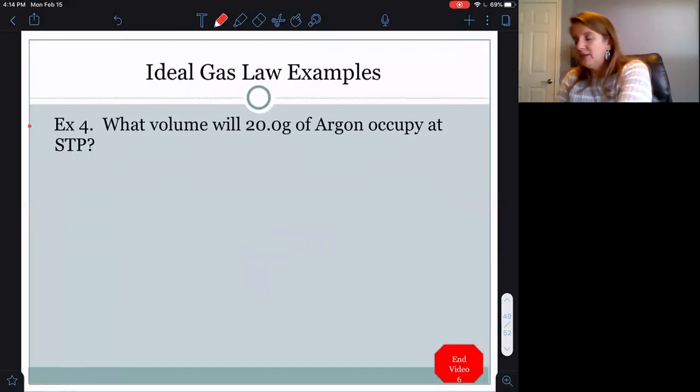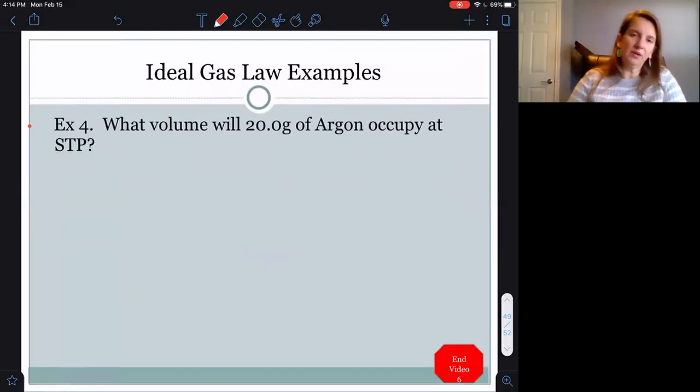My last example here, what volume will 20 grams, so that's my mass, of argon occupy at STP? Now remember, STP is telling us some valuable information. It's telling us that we have 1 atmosphere and 0 degrees Celsius, which is 273 Kelvin.